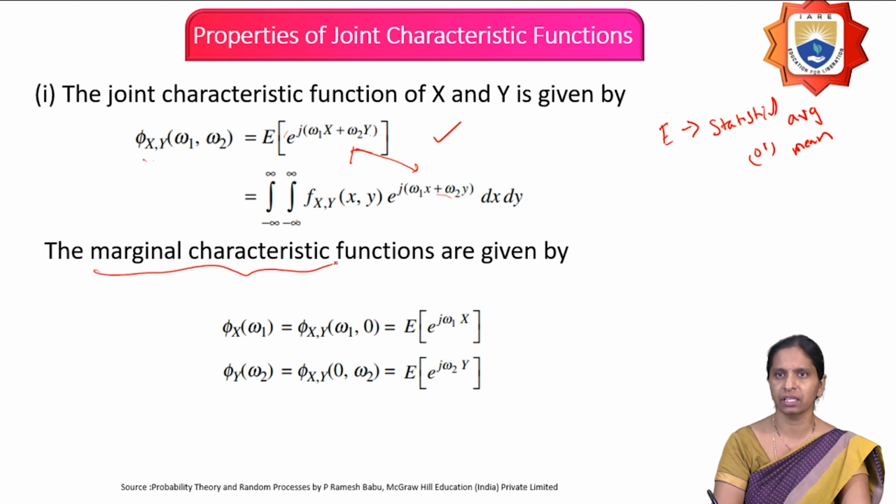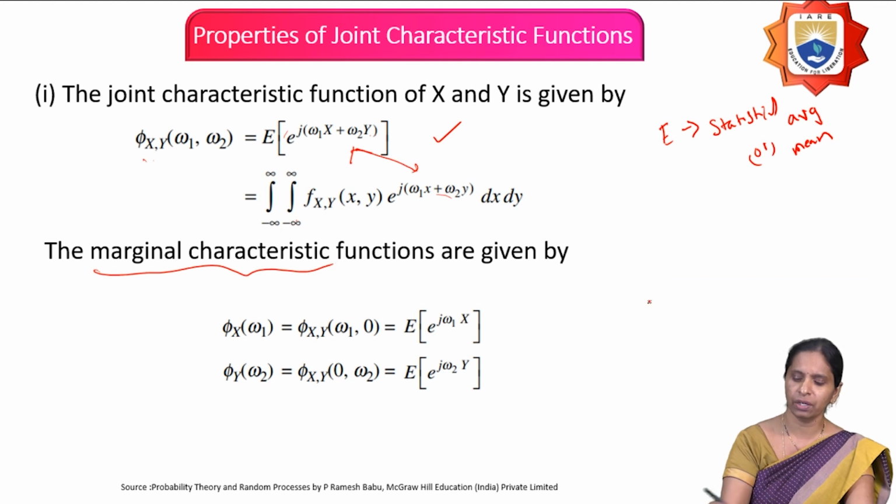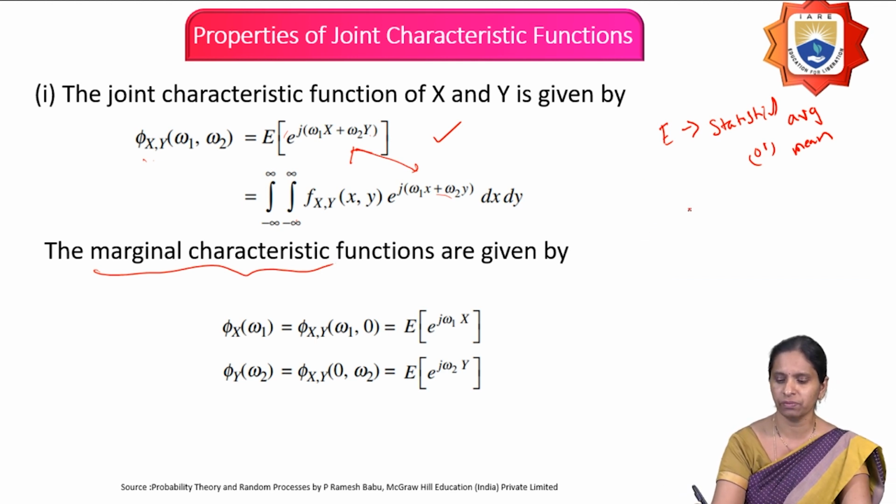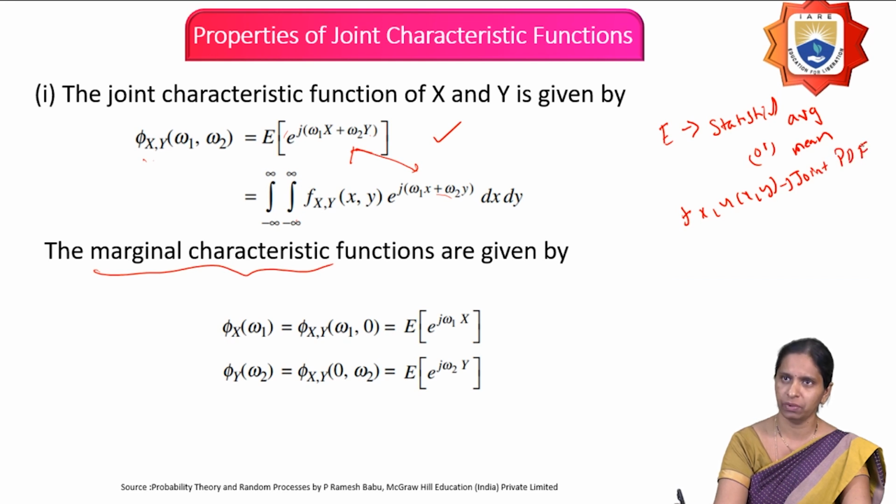Now, what is the first property? We are writing the marginal characteristic function. Already we have seen the marginal density functions of two random variables. For example, f xy of x comma y is a joint probability density function of two random variables x and y. Then f x of x is called the marginal probability density function of random variable x, and f y of y is called the marginal density function of the random variable y.